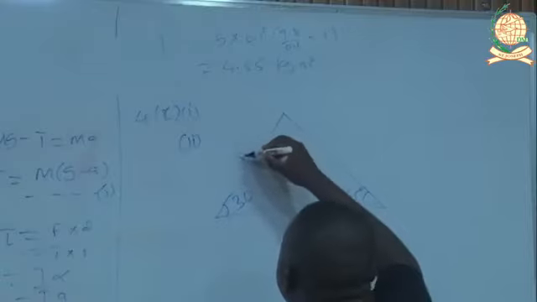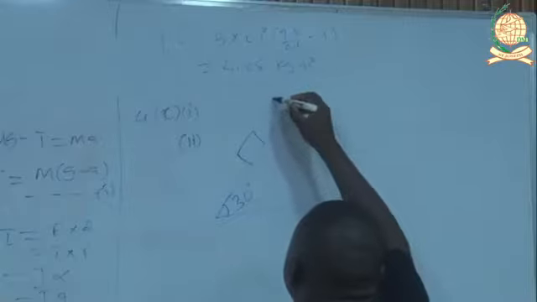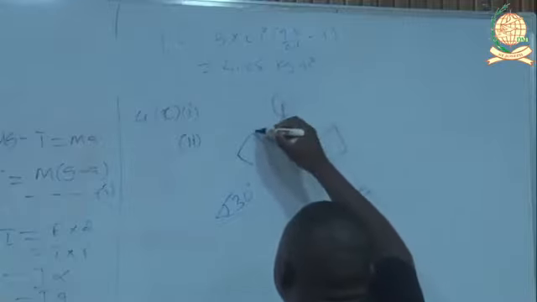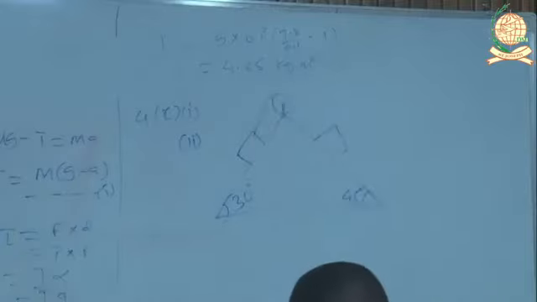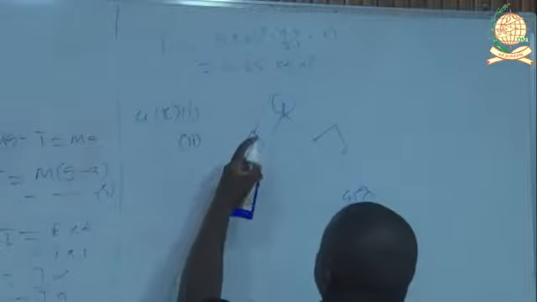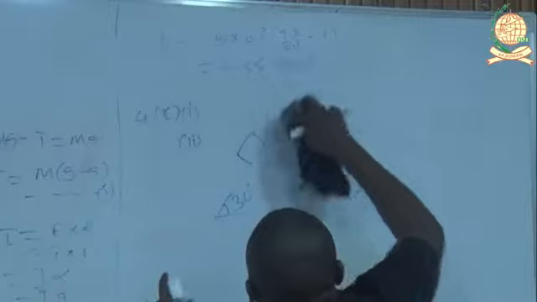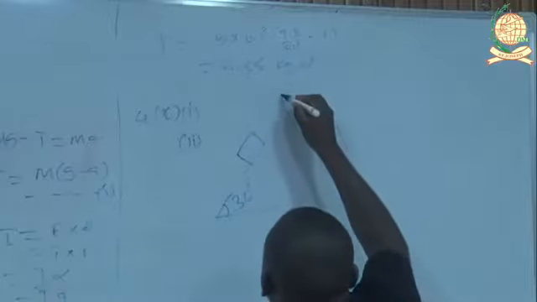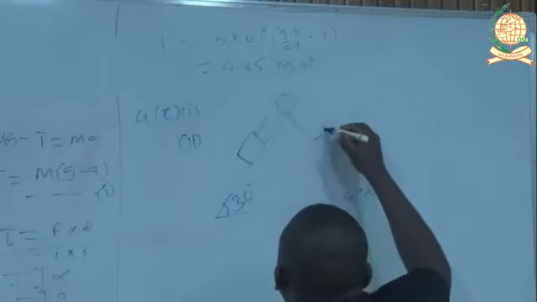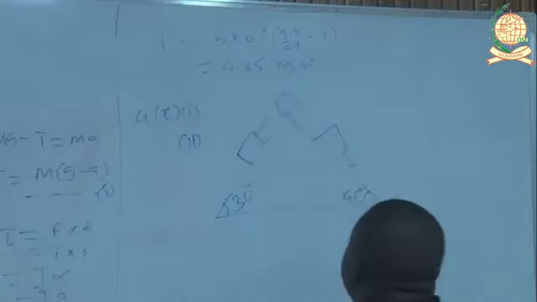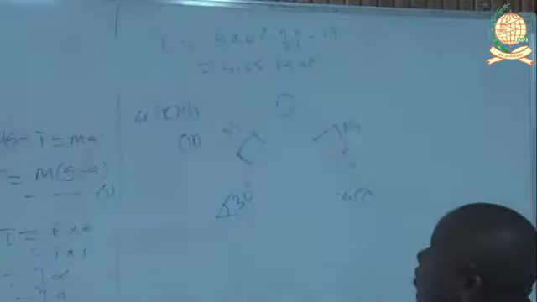We have two masses passing through the string. So we know that this is mass 2, this is mass 1.